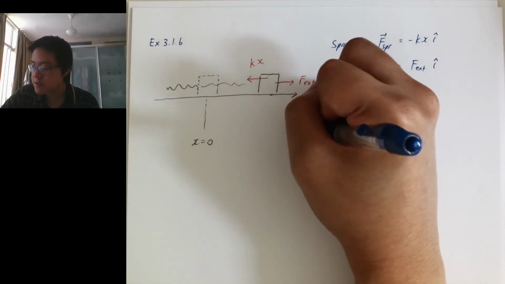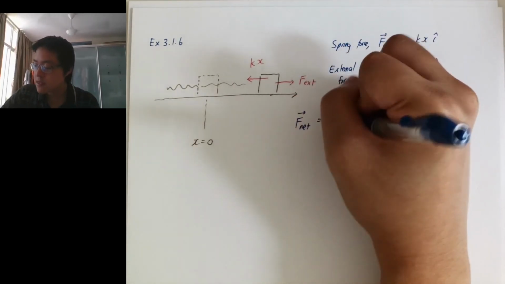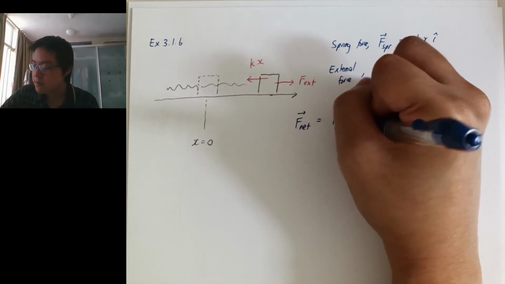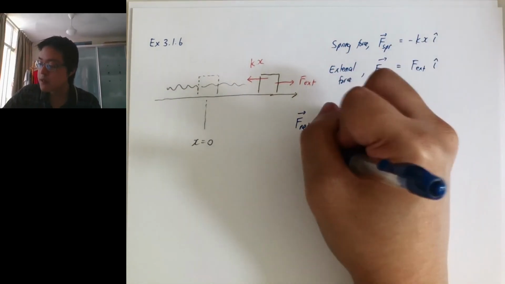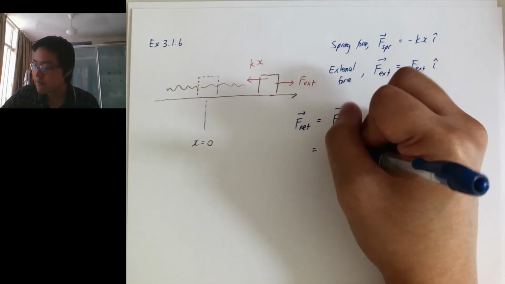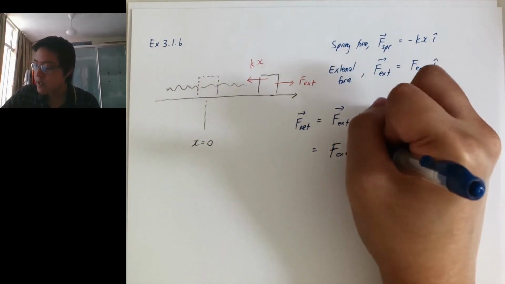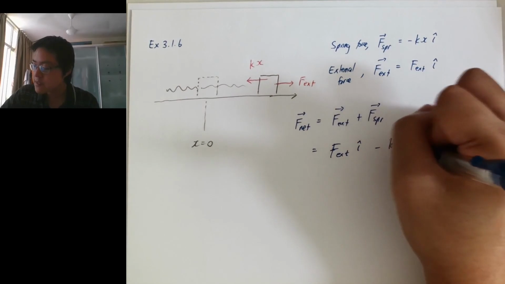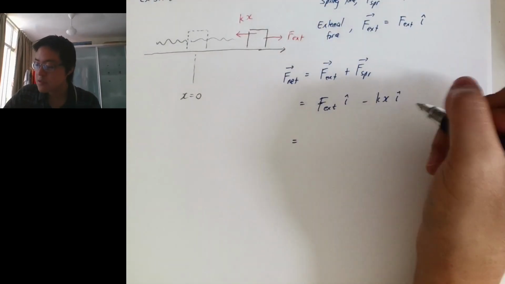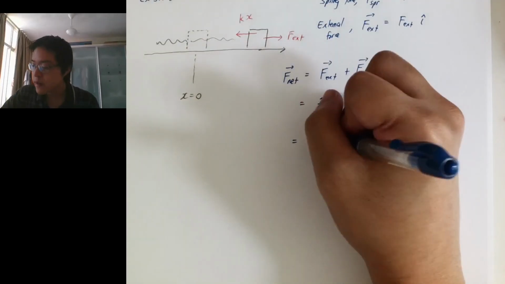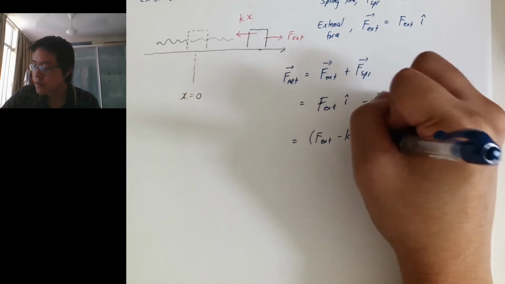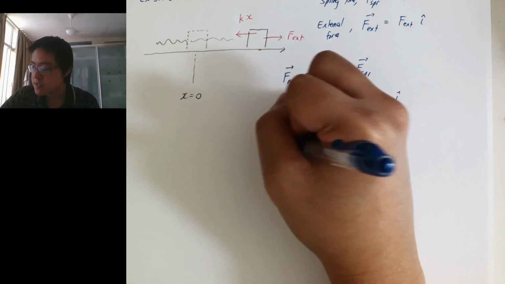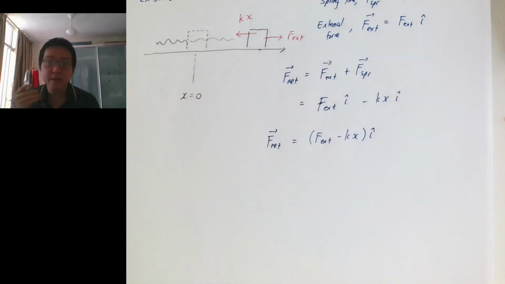The net force is all the forces acting on this system. So basically I get F external i minus kx i, which is F external minus kx in the i direction. This is my net force acting on the system.